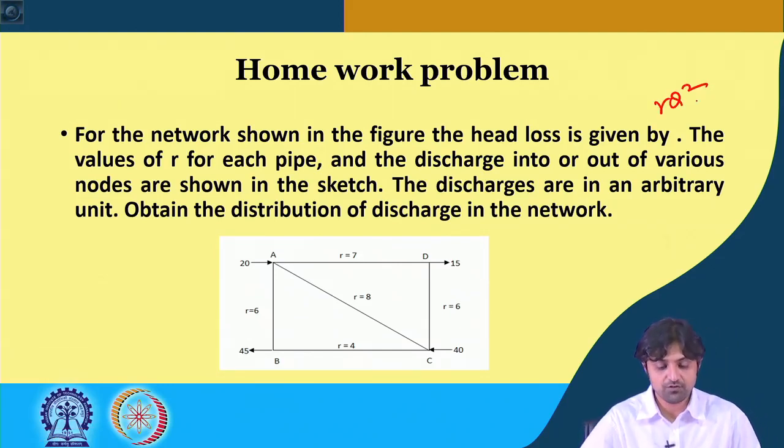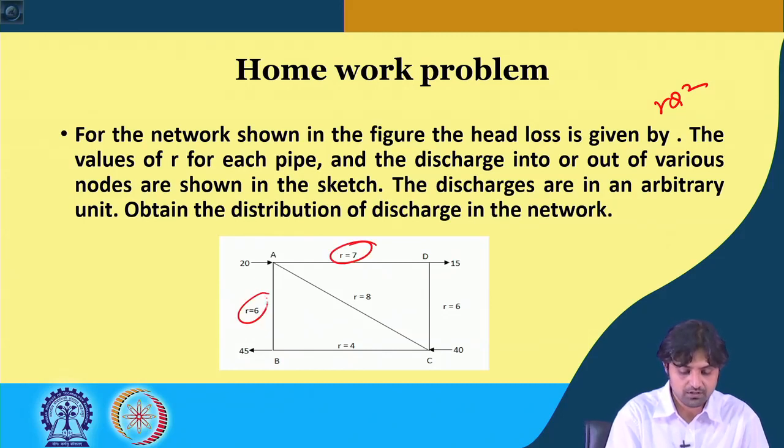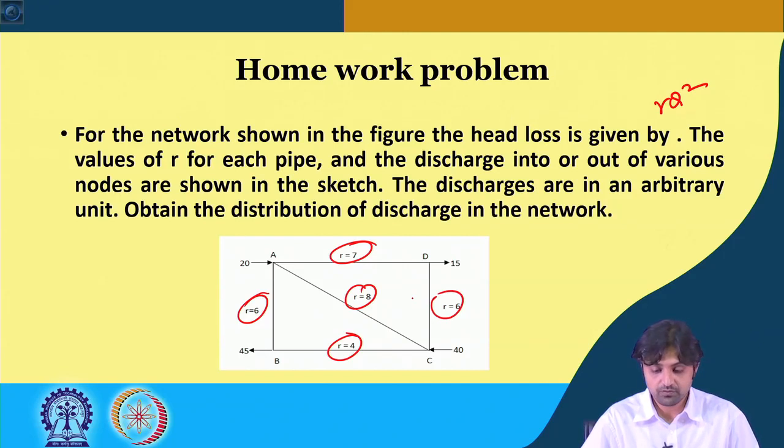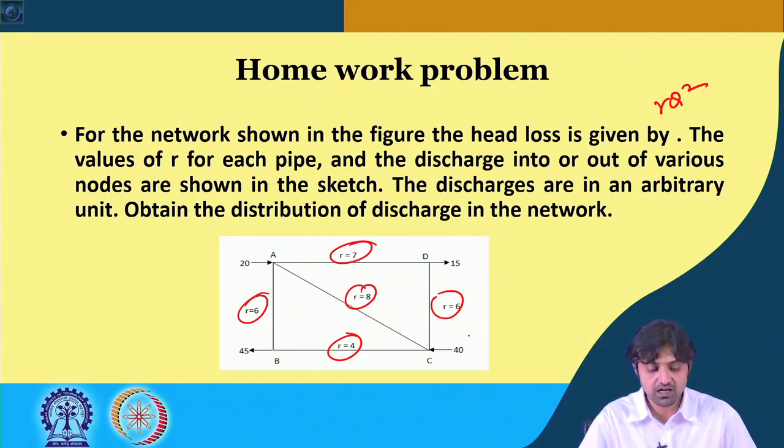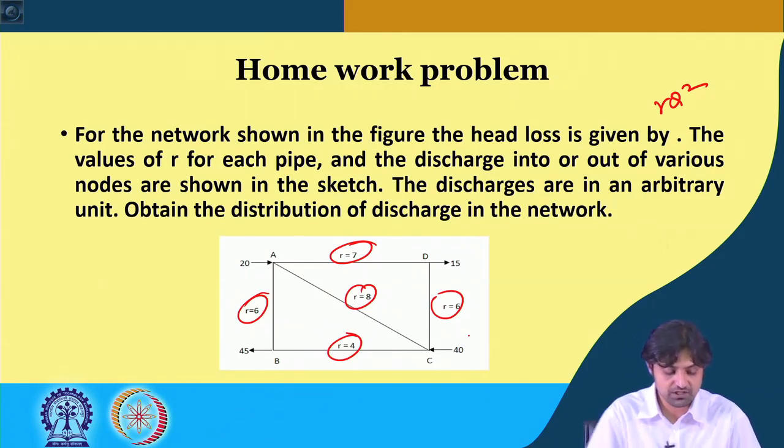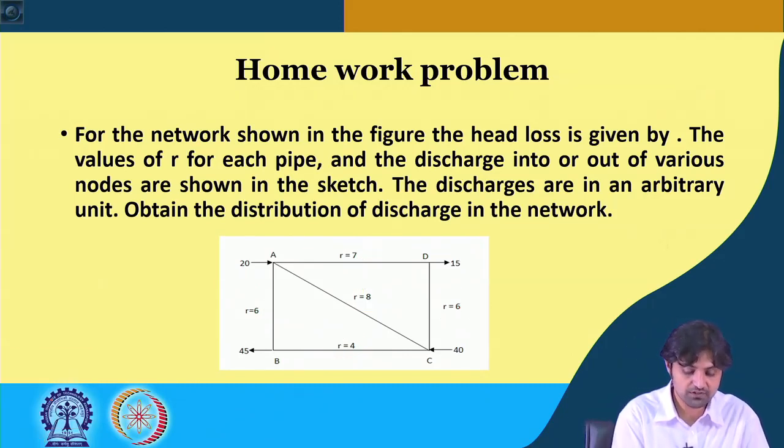The values of R for each pipe are given here, and the discharges into or out of the various nodes are shown. So, 20 is entering here. The discharges are in arbitrary units, okay. So obtain the distribution of discharges in the network. So you have to solve this question.